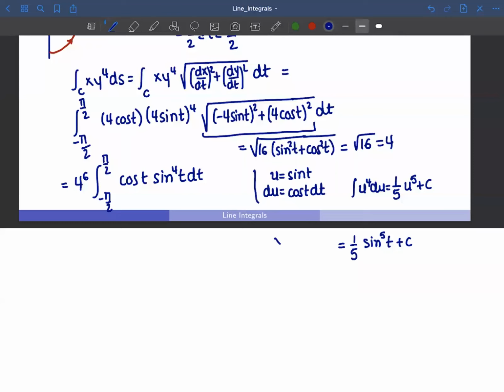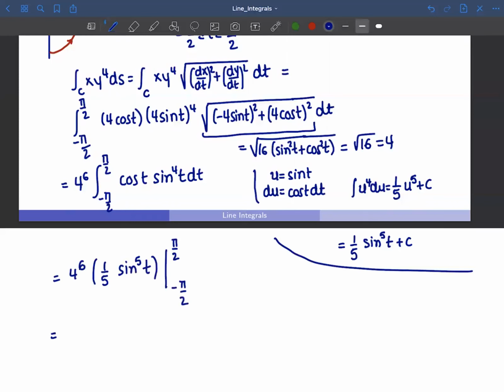And substituting all that, we have a 4 to the sixth, which we had from before, and then we have 1/5 sine to the fifth t, and we now put the bounds, so we have t from negative pi over 2 up to pi over 2.